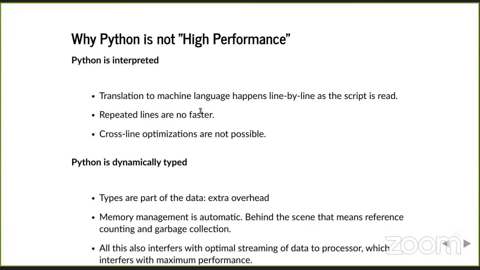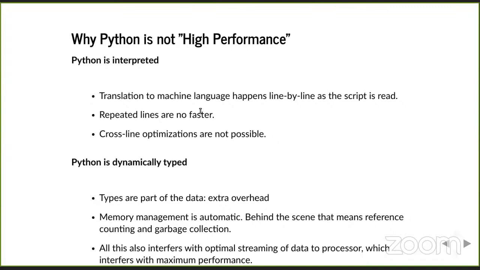And then it goes to the next line you enter, etc. And so there's a translation necessary from the Python code to eventually machine code that the central processing unit can execute, right? So that has to be done in any language, but the trouble with Python is it has to be done for every new line that you read.